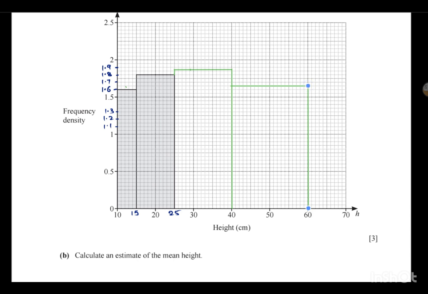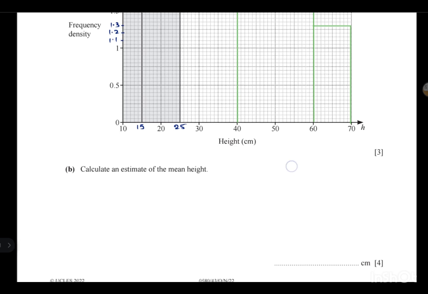Next, 60 to 70 is 1.3. 1.3 we already know. Done. So the histogram is completed. Next question now.